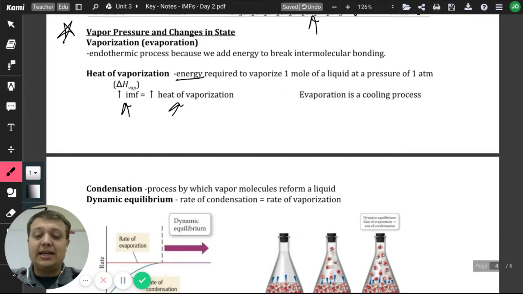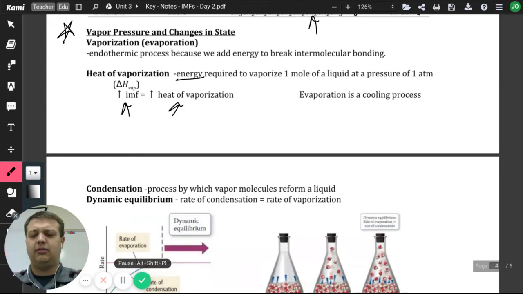Now, evaporation is a cooling process, okay? So evaporation is a cooling process. Now, what do I mean by that? If I talk about endothermic, how does that mean it's a cooling process? Well, think about it kind of like this, right? When I go through evaporation, how does your body work?